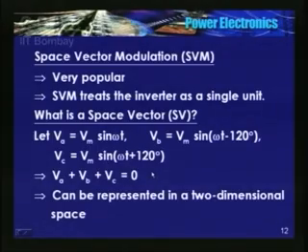So I can represent these 3 vectors by one vector, what is known as the space vector. This vector I can represent in 2-dimensional space. So it has an x-axis component and a y-axis component.